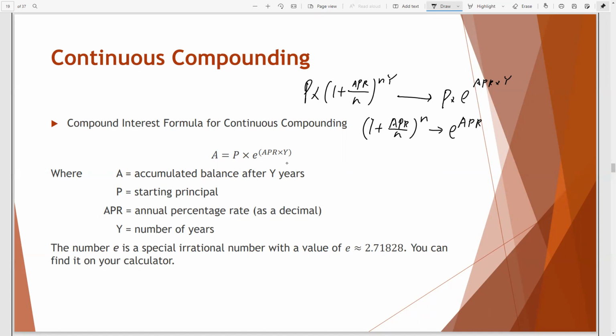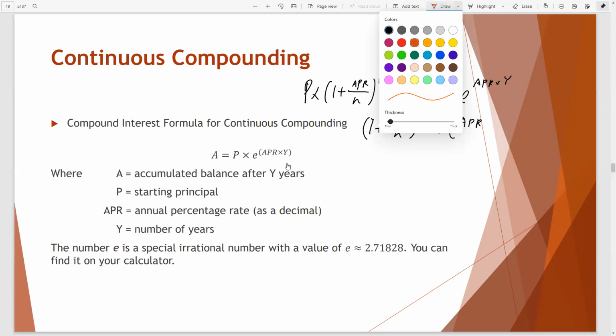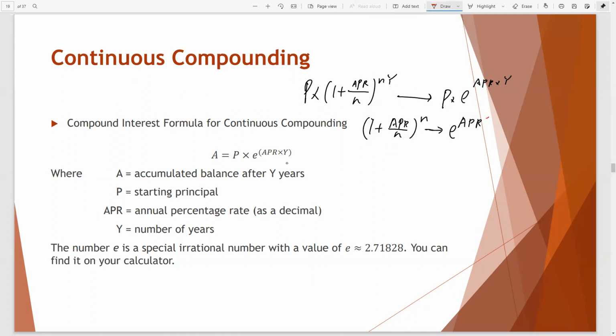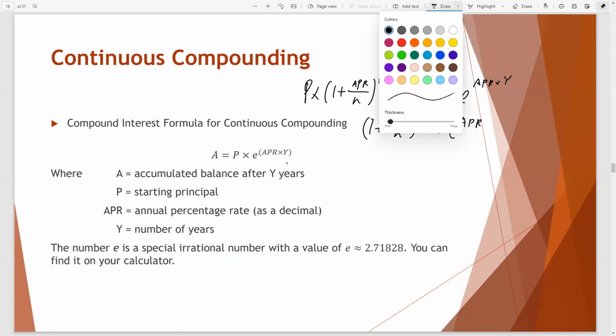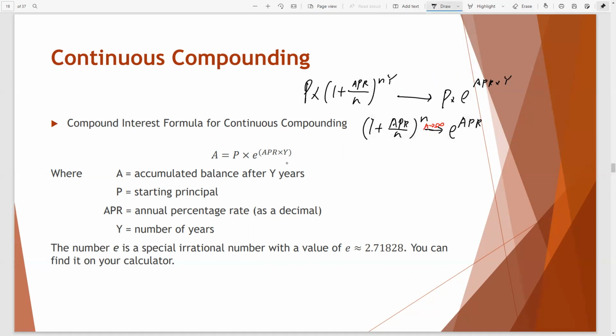You can exclude the effect of P and the power y. What remains is the infinite approach: as n goes to infinity, the yield goes to e to the power APR, where e is a certain number, 2.71818, approximately, on your calculator. That's the natural base.